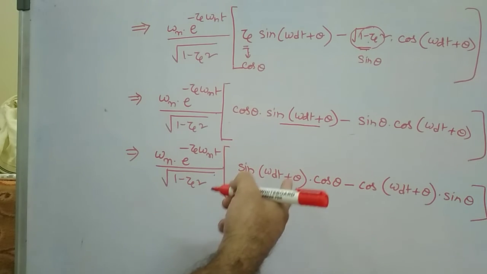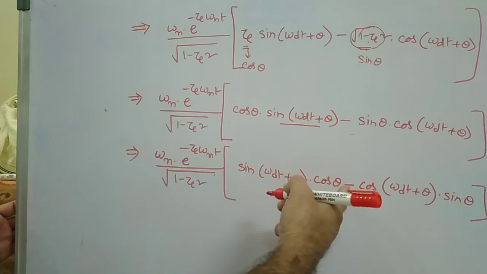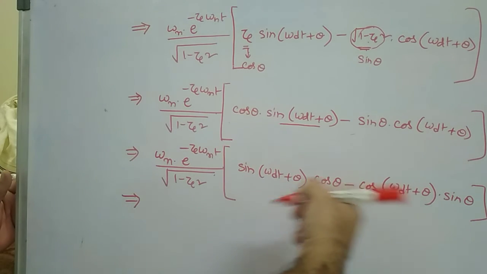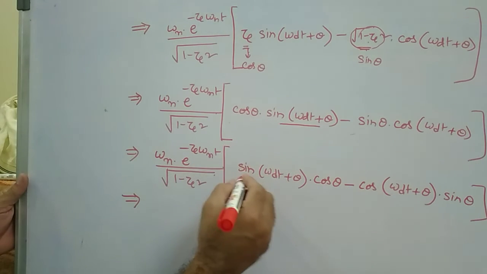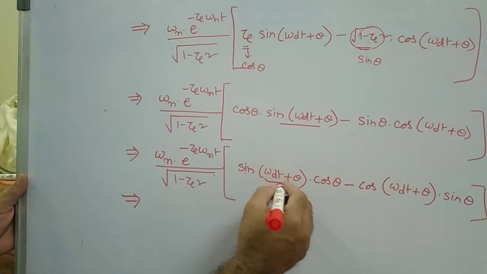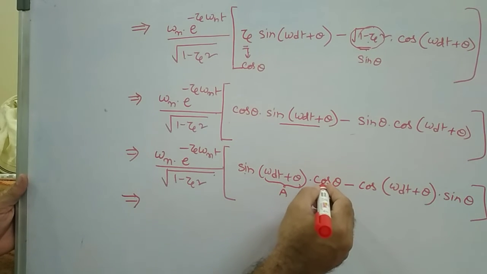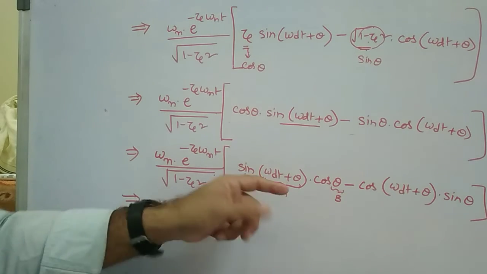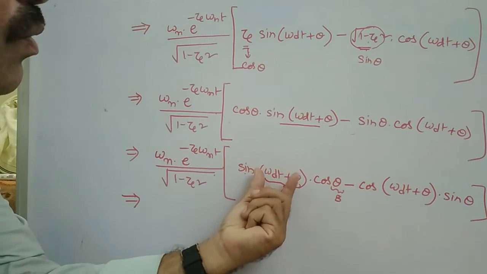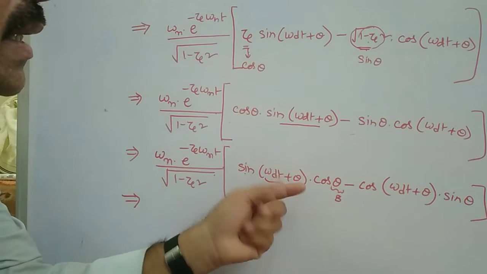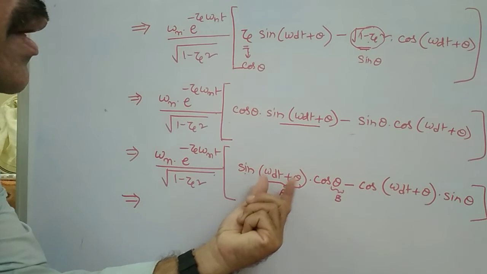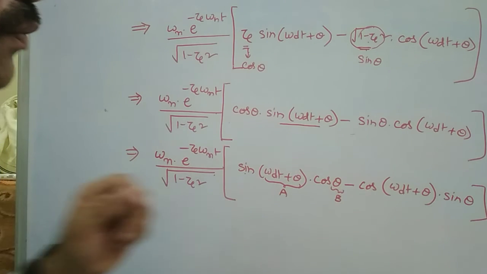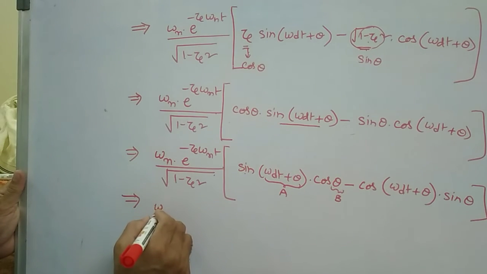So this is sin a cos b minus cos a sin b. And overall what you can write? This entire thing is nothing but sin of a minus b. So sin of a means this is a, cos b, theta is b. Clear? What is a? Omega dt plus theta. The entire thing whatever is there in the bracket you can name as a. Cos theta, theta as b. Therefore I can write this like this.